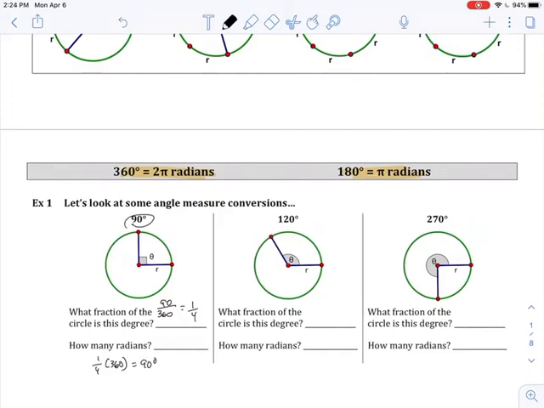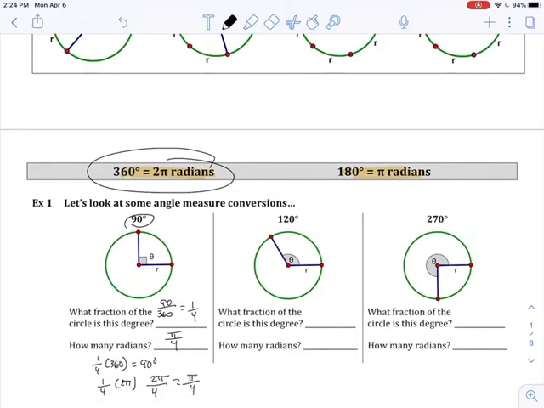If I want to go to radians, I'd multiply 1/4 times 2 pi, and I'd have 2 pi over 4, which reduces down to pi over 2.